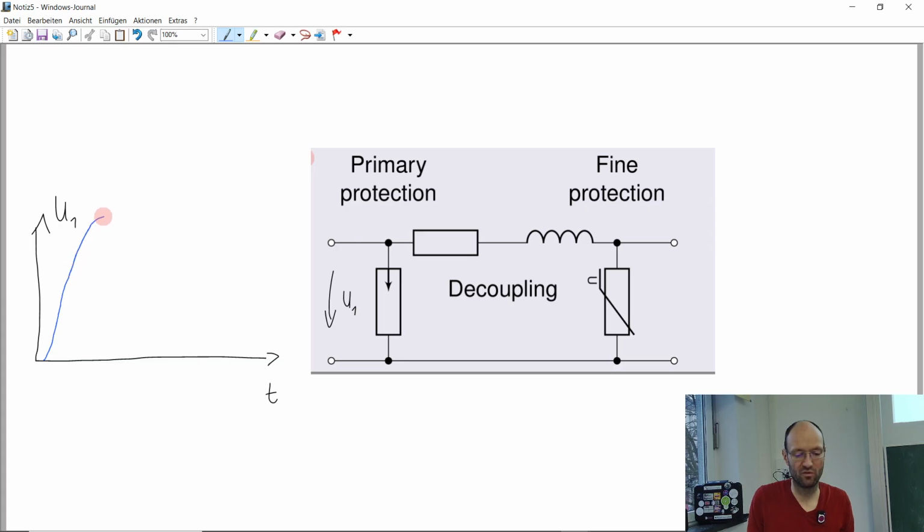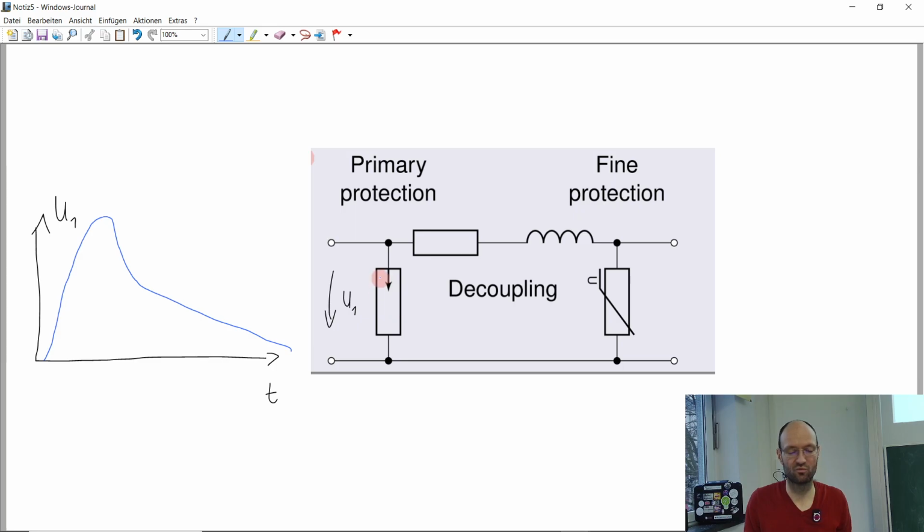So a high voltage spike and then it somehow goes down. This would be some usual kind of double exponential pulse, lightning waveform, surge waveform, something like this. So quite short rise time, some pulse width, and then some quite, in comparison, quite slow fall time.